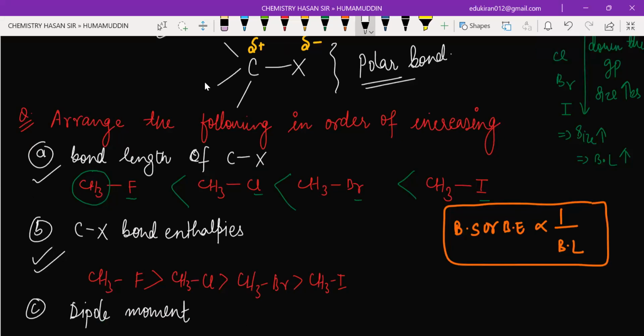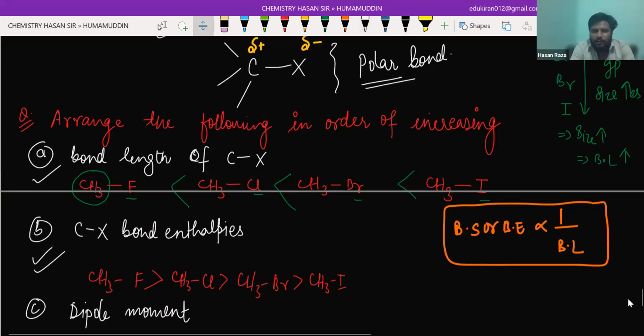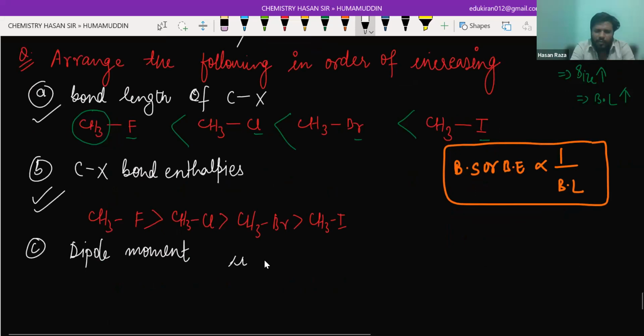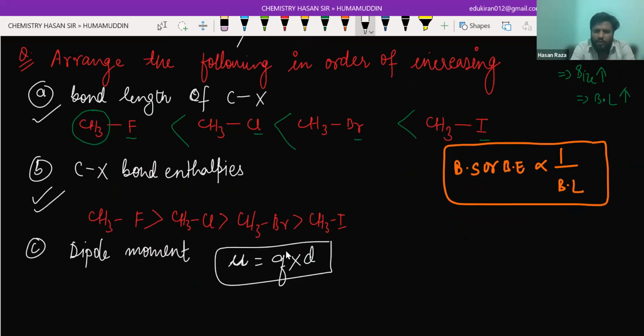Dipole moment. Now the next is your dipole moment, mu, which is equal to Q times D. This Q charge is due to the electronegativity difference, and the distance is the bond length.